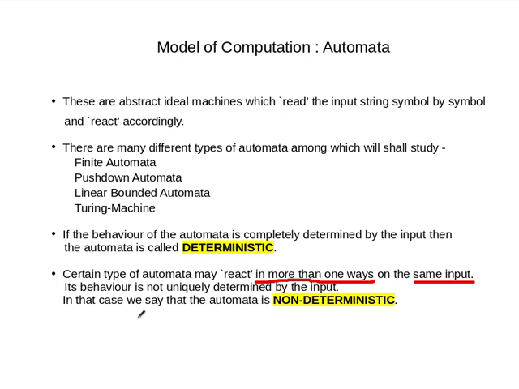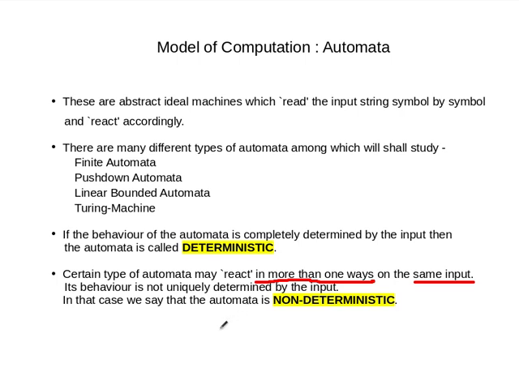So the behavior of the machine is not uniquely determined by the input. Upon reading an input, it can do either this or that. It makes a non-deterministic choice of what to do.